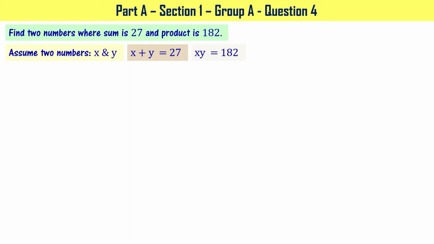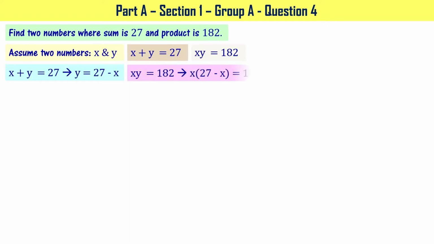The first equation, x plus y equal to 27, can be written as y equal to 27 minus x, right? So let's substitute y equal to 27 minus x into xy equal to 182. When you do that, you will get x times 27 minus x equal to 182. This can be now written as 27x minus x square equal to 182, right? Let's take x square onto the other side, 27x also to the other side, such that it can be written as x square minus 27x plus 182 equal to 0.